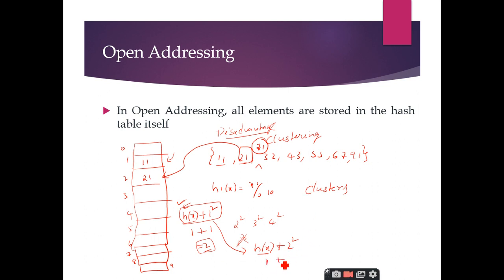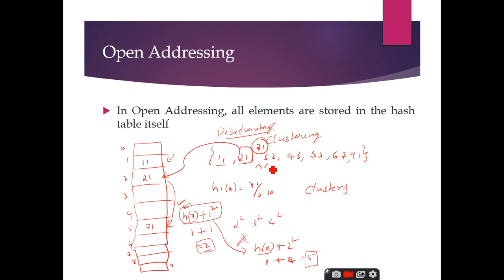Plus 2 square means 4, so the resultant will be 5. Now you go and search the fifth location. So instead of searching the next location, the third location, this time I am searching the fifth location. Is it clear? Yes, sir. Now I can store 71 at this location.